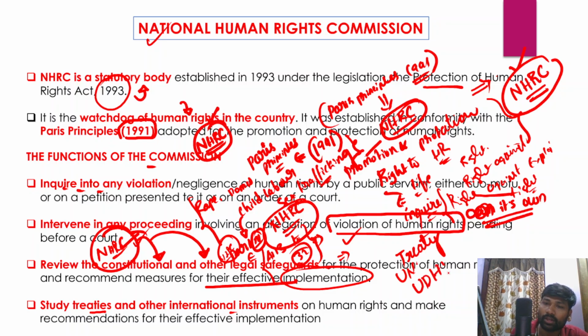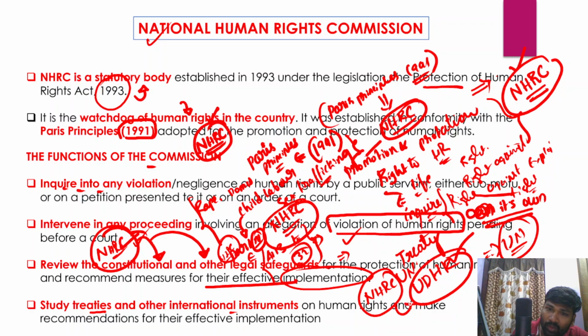That is considered a global treaty for the protection of human rights at the global level. Therefore, the National Human Rights Commission studies all these treaties and international agreements on human rights, and it also makes recommendations for effective implementation for the state as well.